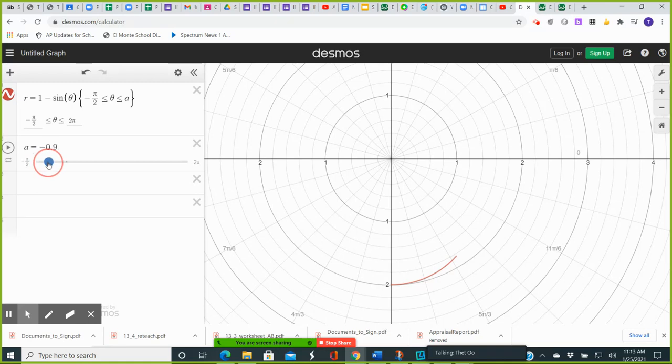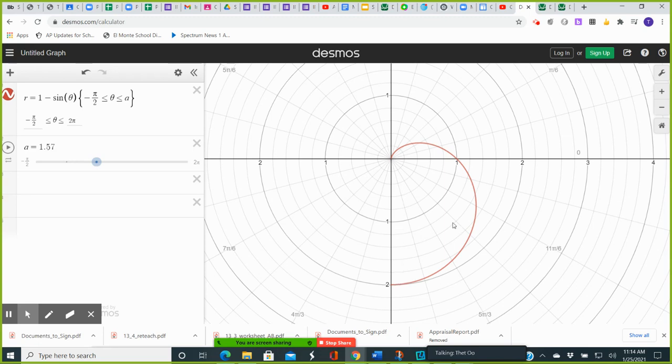So if you sketch the polar curve on the interval from negative pi over 2 to positive pi over 2, you would get the right half of your polar curve. And then, of course, what you could do is find the area of this right half and multiply by 2.